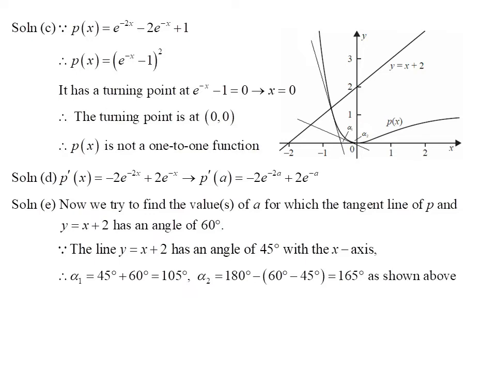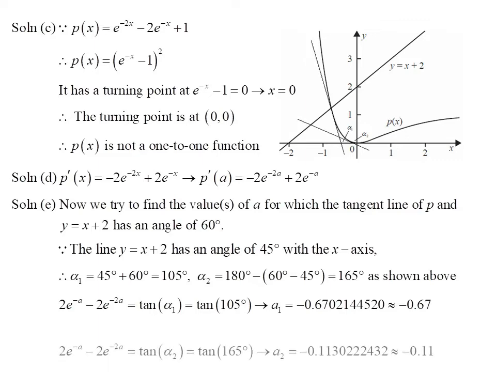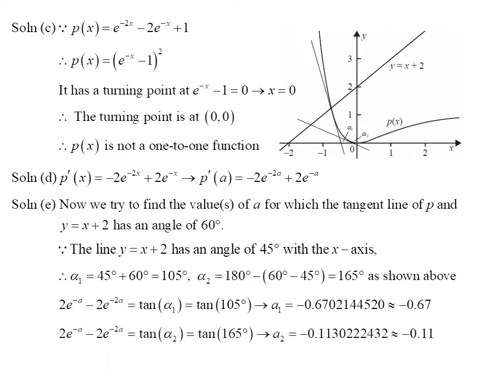So alpha sub 1 equals 105 degrees and alpha sub 2 equals 165 degrees. Based on the equation, 2e to the -a minus 2e to the -2a equals tangent alpha sub 1 or tangent alpha sub 2 respectively. The values of a can be calculated in your CAS calculator that are -0.67 and -0.11 accordingly.